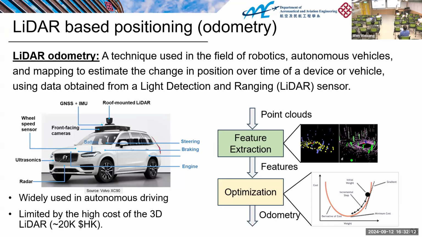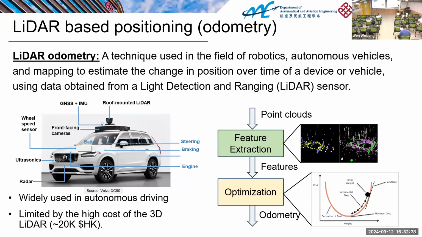If you directly process a raw point cloud, it's going to be a big computation load. So it first tries to extract some features. If each frame of LiDAR data is 1 million points, after feature extraction it's maybe only several thousand points. It can dramatically reduce the number of points.